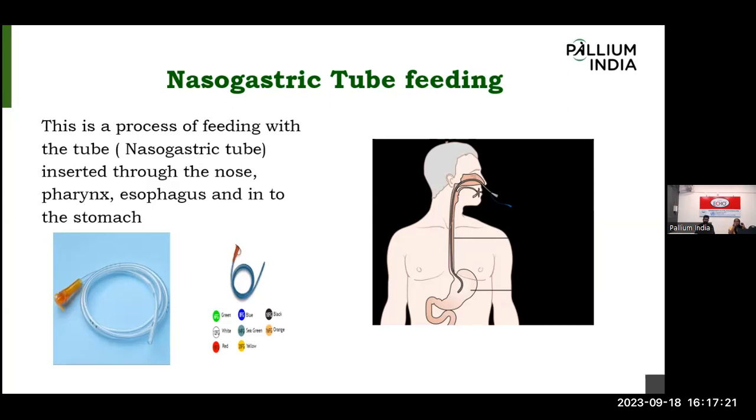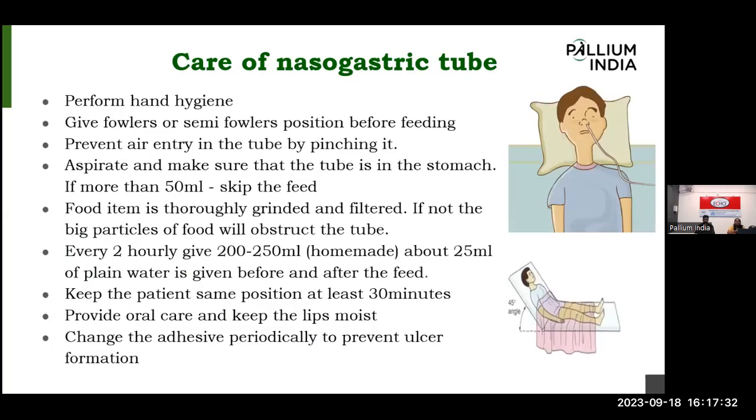But in case of a nasogastric tube, the sphincter is always open. So when the patient regurgitates, that easily goes into the trachea, and that way the patient gets aspirated. If the patient is aspirated, definitely the patient will develop aspiration pneumonia too.